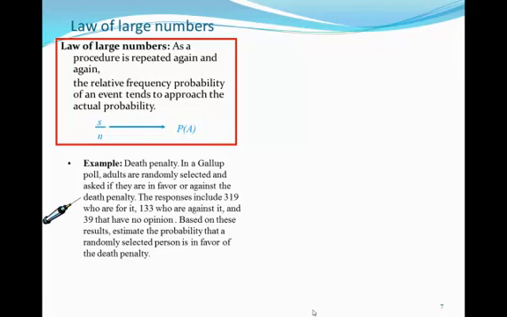In a Gallup poll, adults are randomly selected and asked if they are in favor or against the death penalty. The responses include 319 who are in favor, 133 who are against it, and 39 that have no opinion.